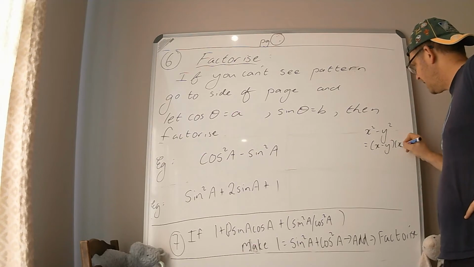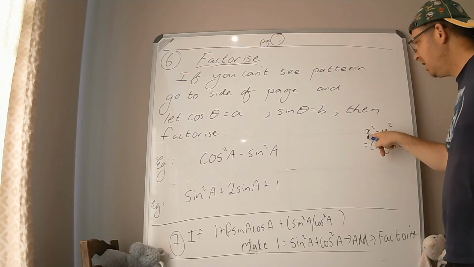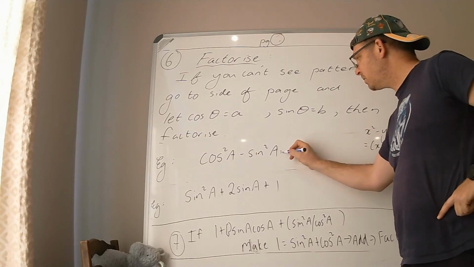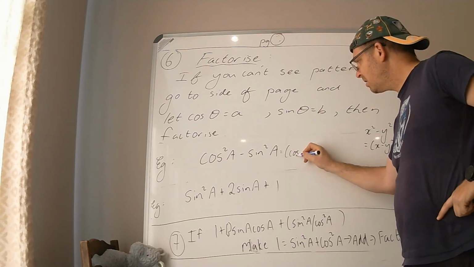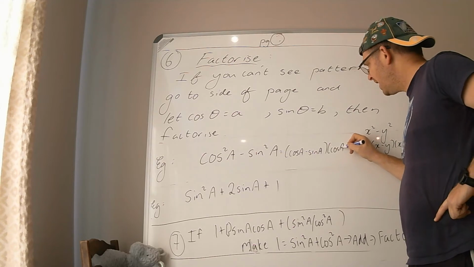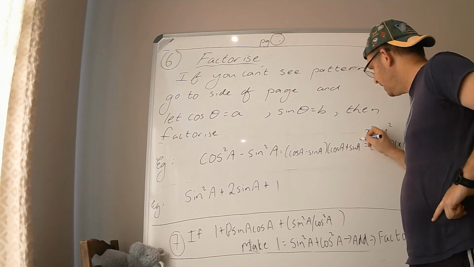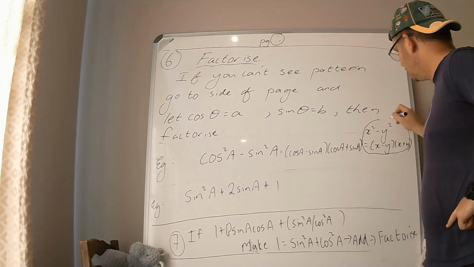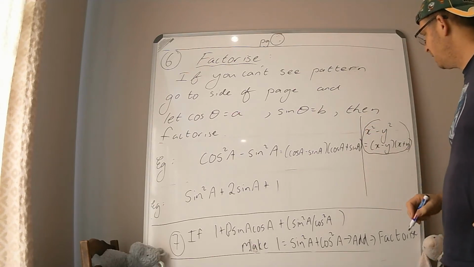It factorizes to x minus y times x plus y. So using that logic, cos squared A minus sine squared A is going to factorize to cos A minus sine A times cos A plus sine A. So this is what you do on the side of your page.